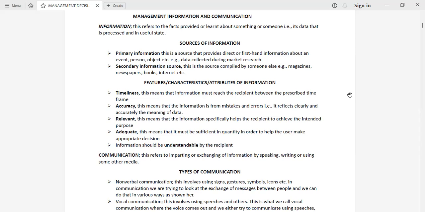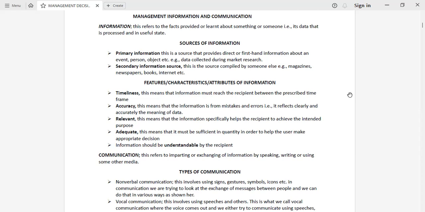Because we know one of the rules of effective communication is that the person you are intending to deliver that information to should actually understand what you mean. If you don't receive the feedback, it means the person never understood, in most cases.